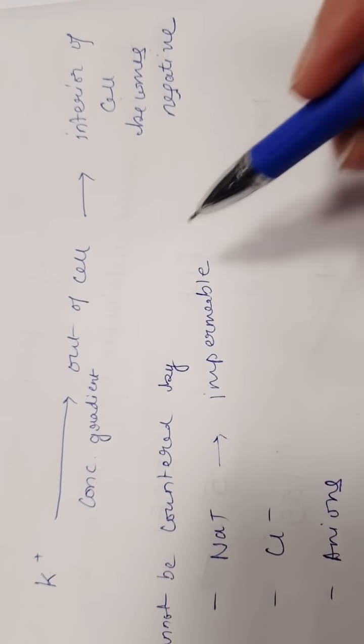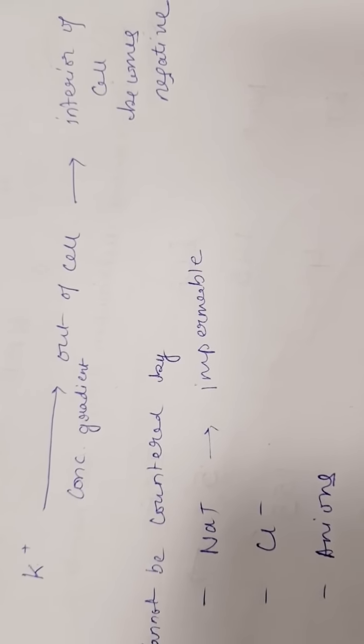None of these can actually restore the electrical neutrality. Why? Because the membrane is impermeable to sodium. So sodium cannot flow into the cell to counter the negativity, because the membrane doesn't allow the sodium to flow in.